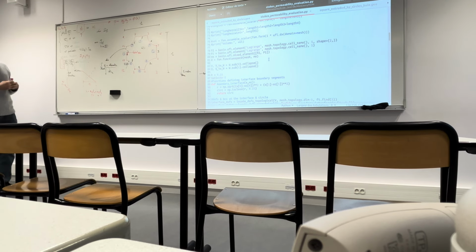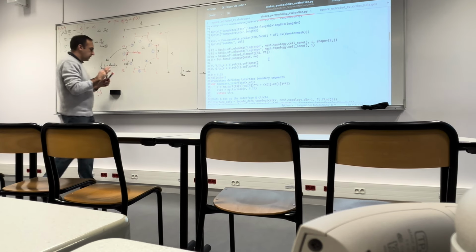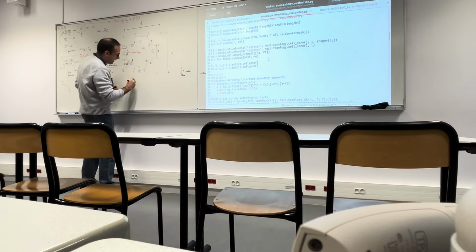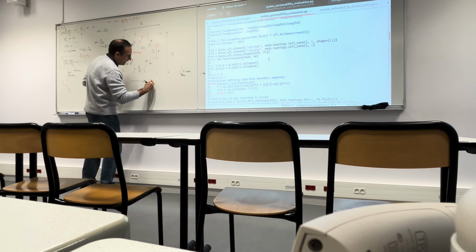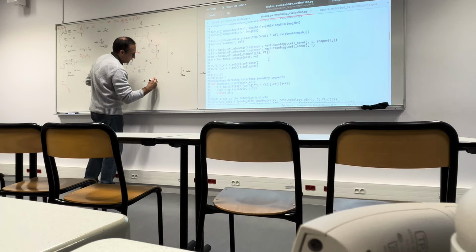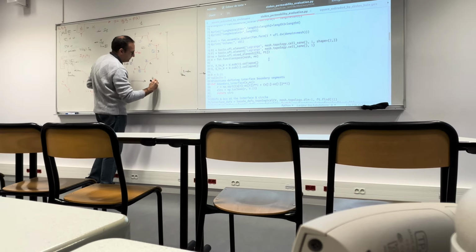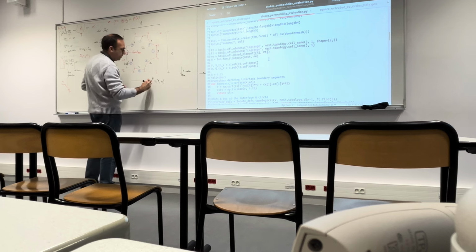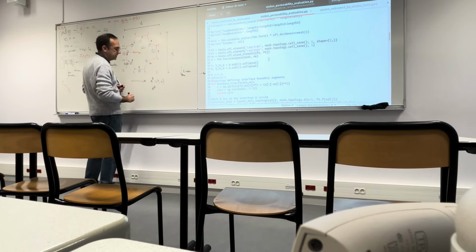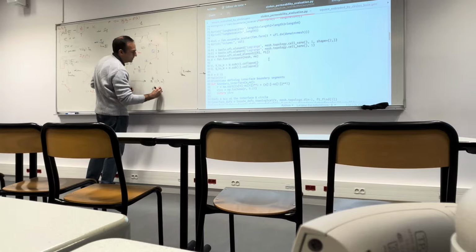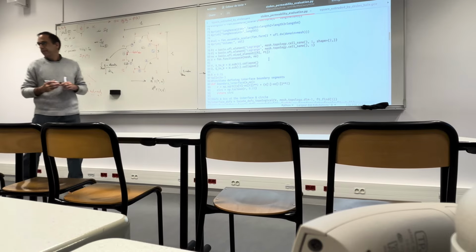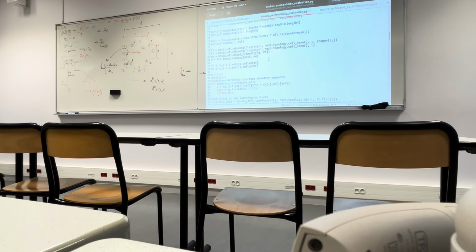In particular, what we are going to do is to discuss separately the case where alpha 1 is the vector (1, 0), or alpha 2. So the first problem that we are going to solve will be this, and the second one will be the other vector.